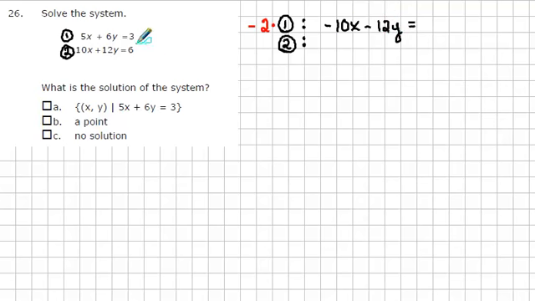And we also need to multiply 3 by negative 2, and that gives us negative 6. We simply rewrite down the second equation, 10x plus 12y is equal to 6.